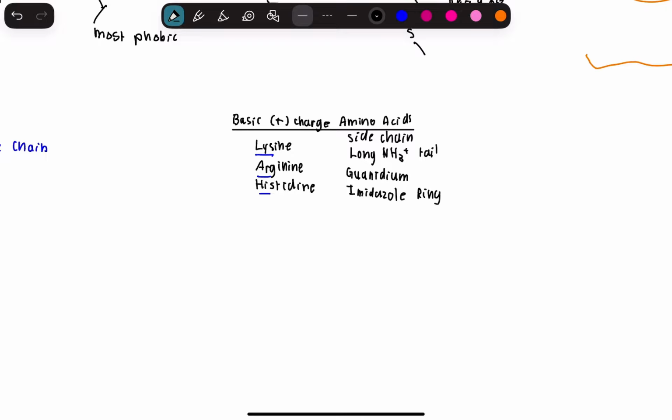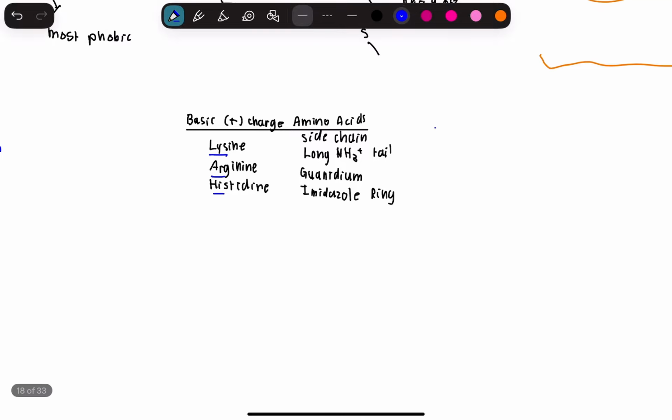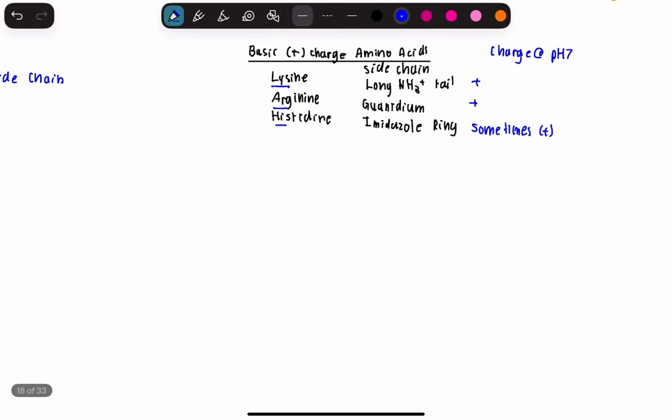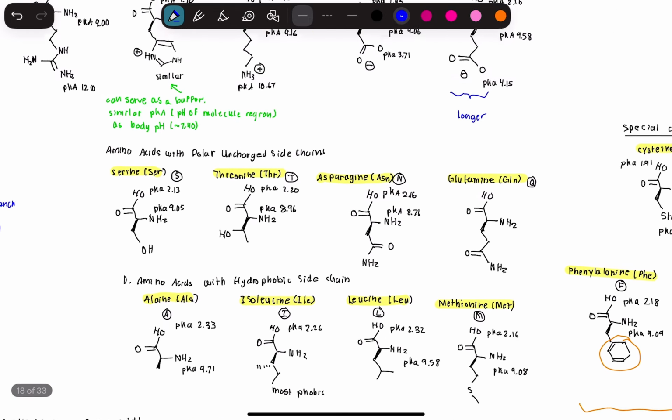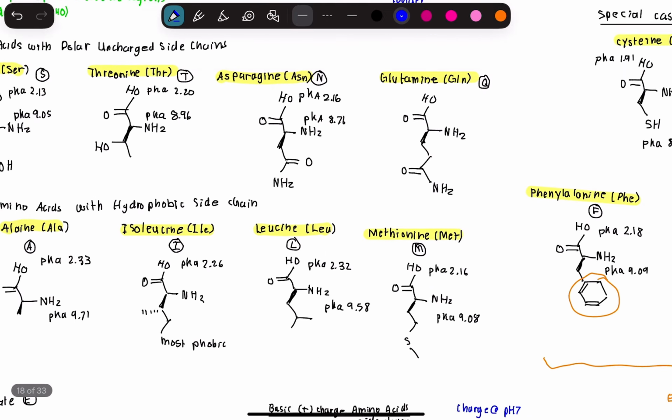And remember, for the charge at a pH of 7, lysine is going to be positive, arginine is going to be positive, and histidine is sometimes going to be positive. Histidine has a pKa of approximately 6, and histidine is a buffer, which we wrote up here.